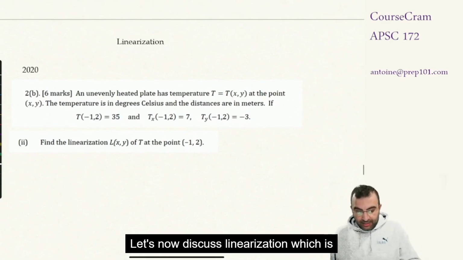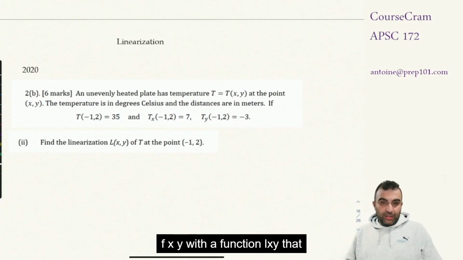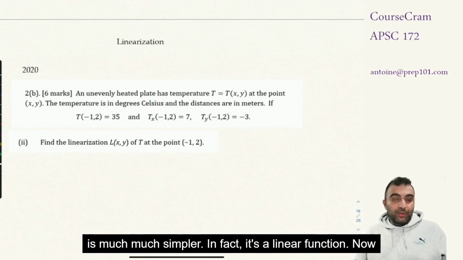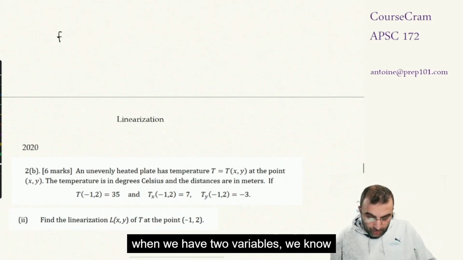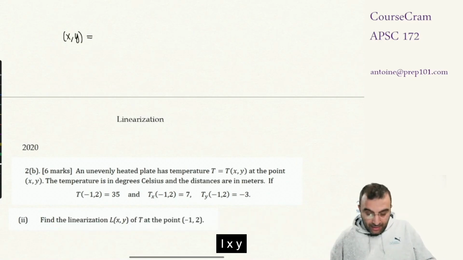Let's now discuss linearization, which is a way to approximate a function f(x,y) with a function L(x,y) that is much simpler. In fact, it's a linear function. Now, when we have two variables, we've seen this formula when we talked about tangent planes.